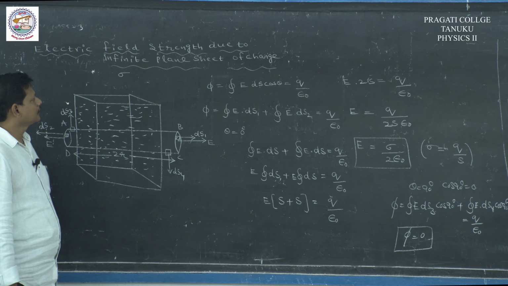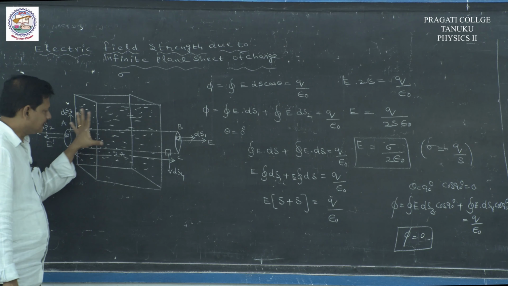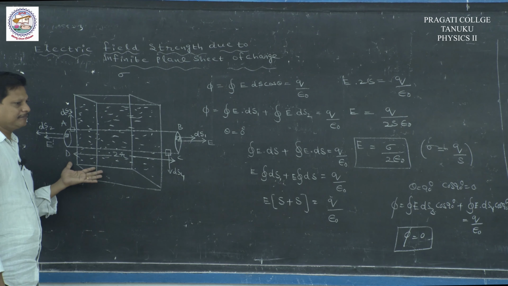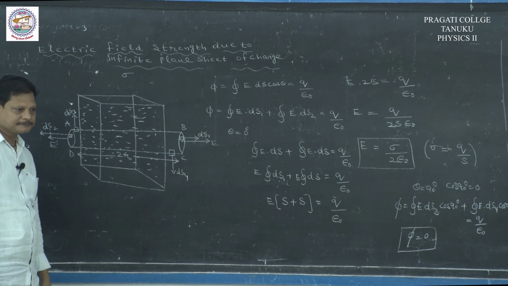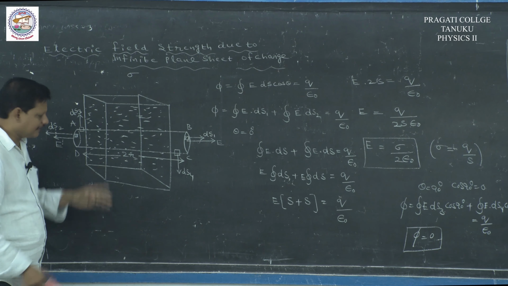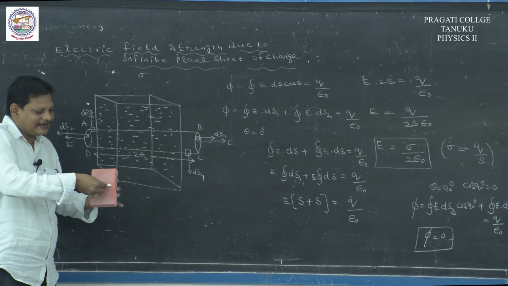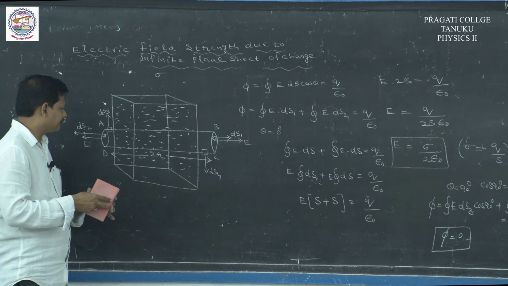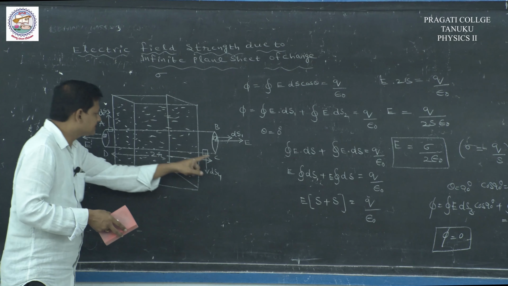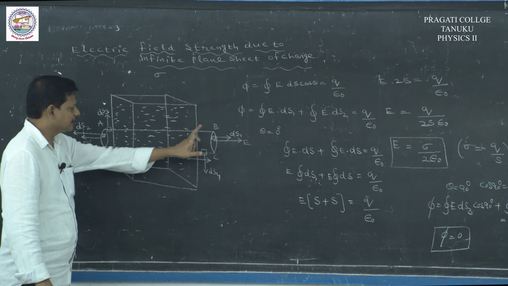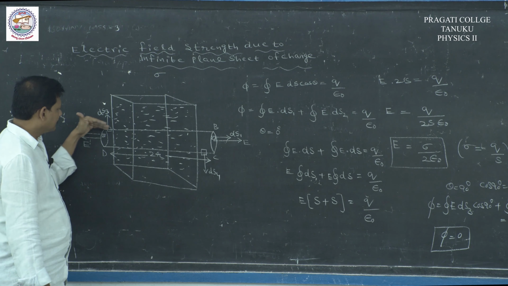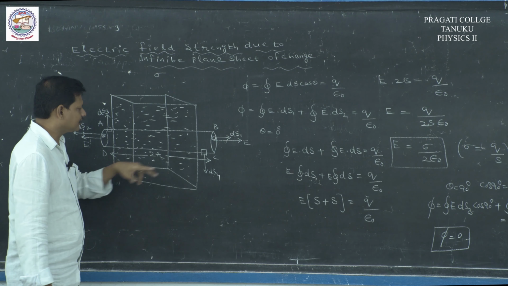Again, let us consider a metal sheet having particular dimensions, may be finite or infinite. Let us consider a cylindrical Gaussian surface ABCD, such that BC and AD are the flat surfaces, and AB and CD are the curved surfaces.